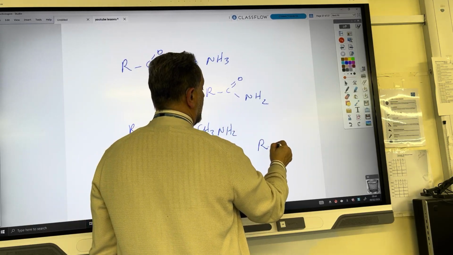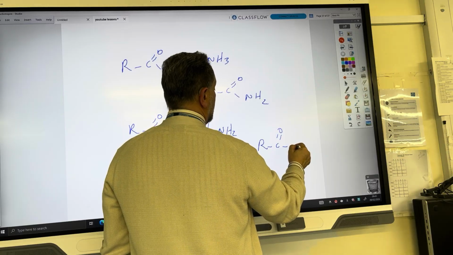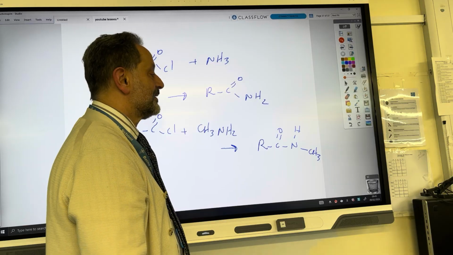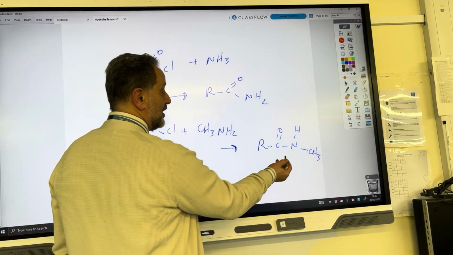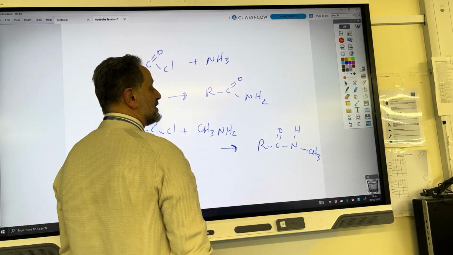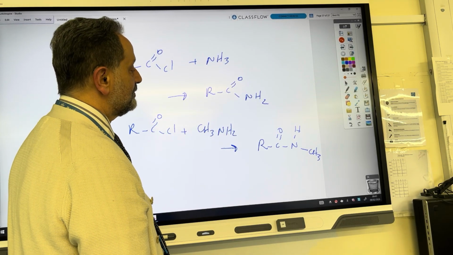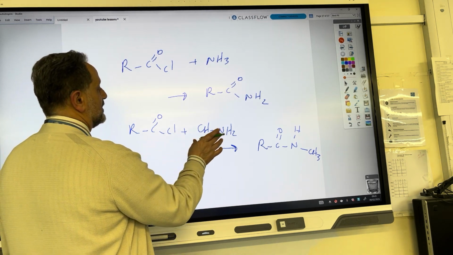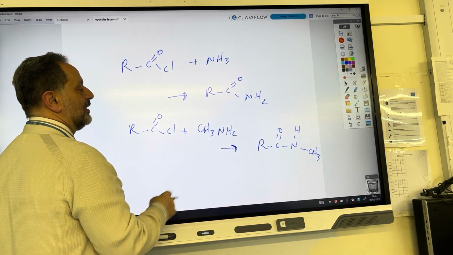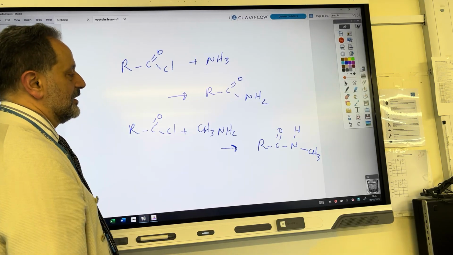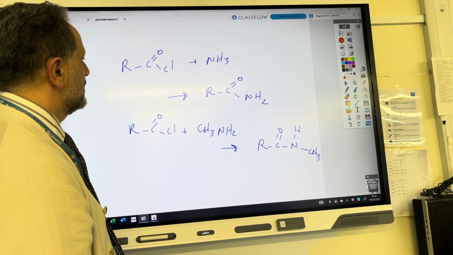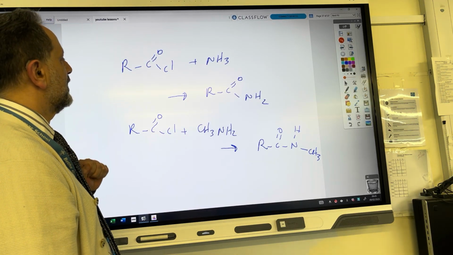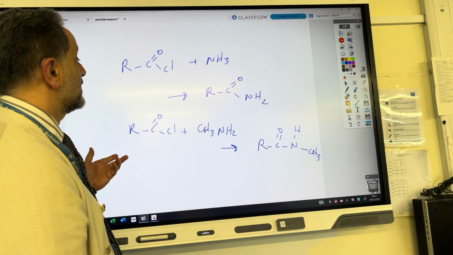So you produce RCONH and the other group is CH3. You see, the amide functional group is there, but this is a secondary amide. And then, of course, if you react it with not a primary but a secondary amine, then you produce tertiary amides. So the reason behind using this acyl chloride is simply that it's more reactive.